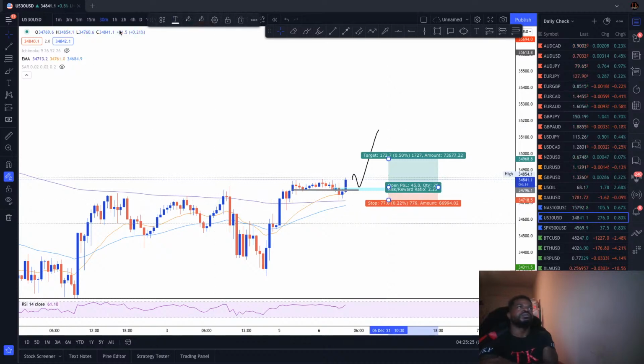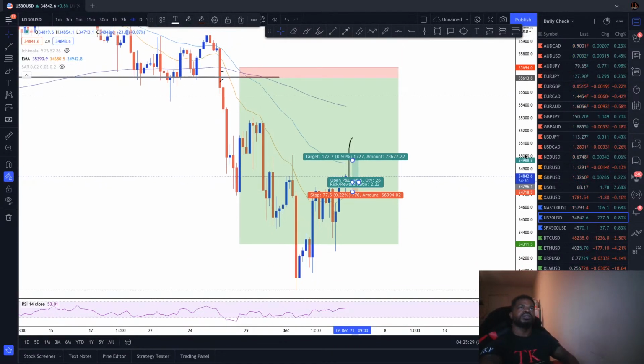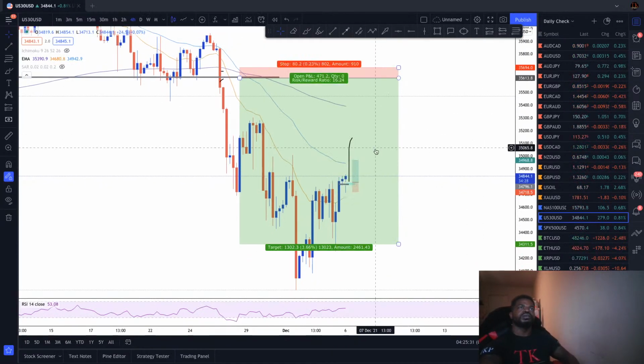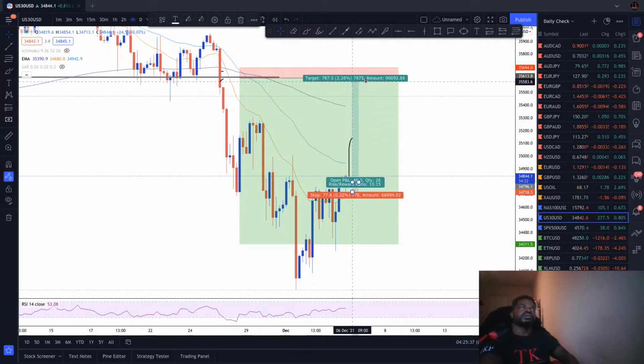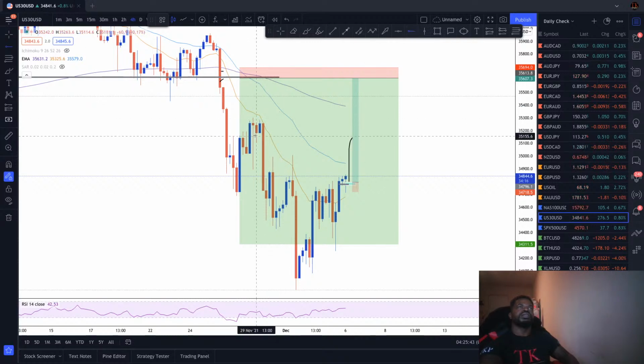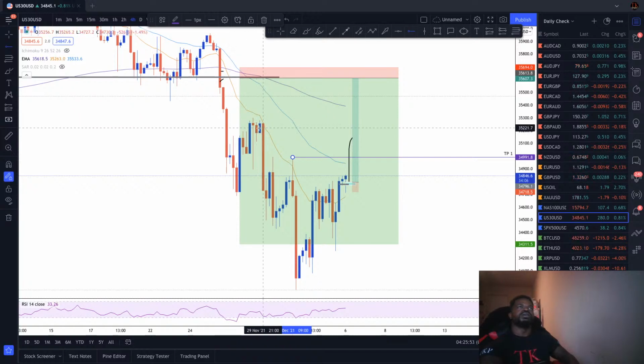Boom. We got structure here. We got a high here. That could be TP1.